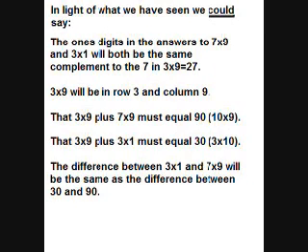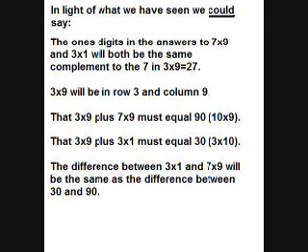Suppose we wanted to use 7 times 9 as an example. In light of what we have seen, we could say the ones digit in the answers to 7 times 9 and 3 times 1 will both be the same as the complement to the 7 in 3 times 9 equals 27. 3 times 9 will be in row 3 and column 9.